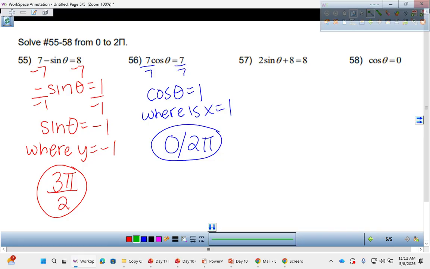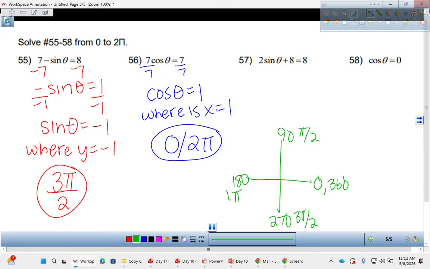So here's what you guys need to remember about the corner points. 0, 90, 180, 270, 360. Pi over 2, or 0.5 pi, 1 pi, 1.5 pi, which is 3 pi over 2, 2 pi.